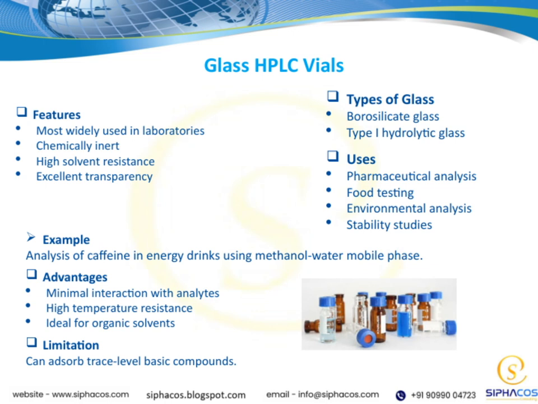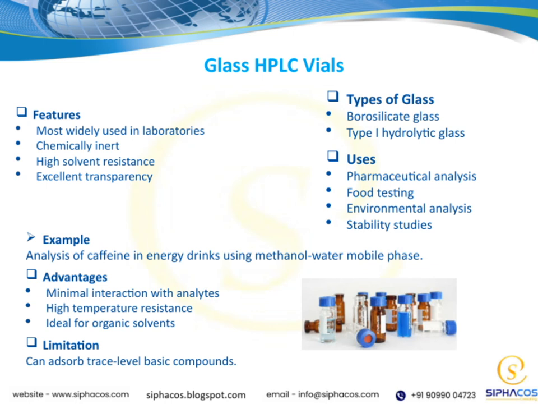Third, glass is ideal for organic solvents because of its chemical inertness, meaning it won't react or degrade when exposed to these chemicals. However, there are some limitations to consider. For example, glass can adsorb trace levels of basic compounds, which could affect the accuracy of sensitive analyses. So, while glass is very useful, it's important to be aware of this potential issue.